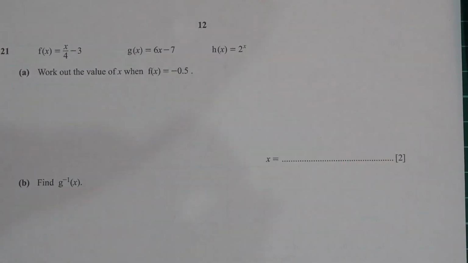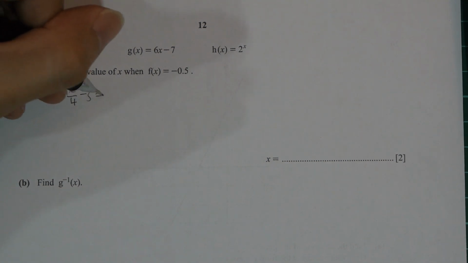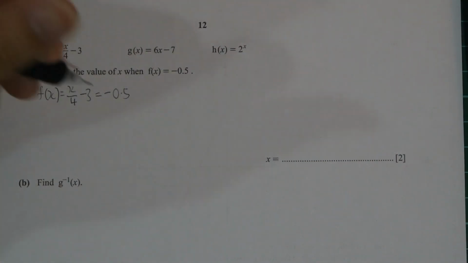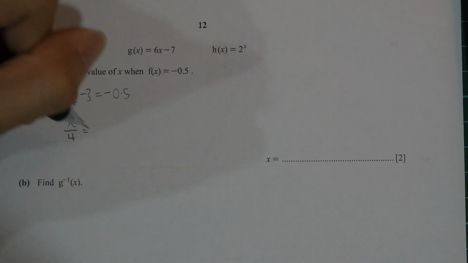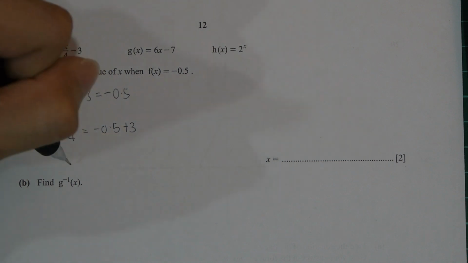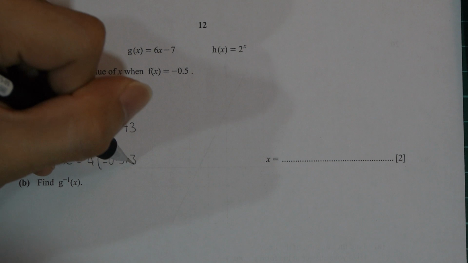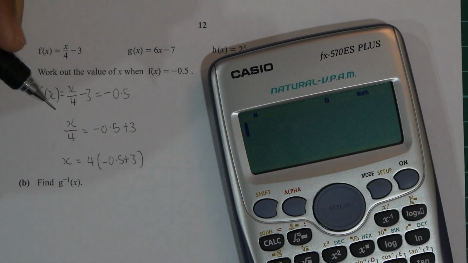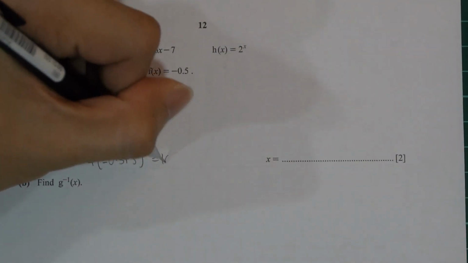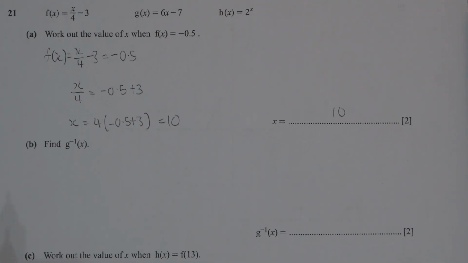So for the last one, this is about the function chapter. It's pretty straightforward. All you need to do is just refer to the steps that I have written. For you to find the inverse, it is a little bit tricky, so I will explain to you.